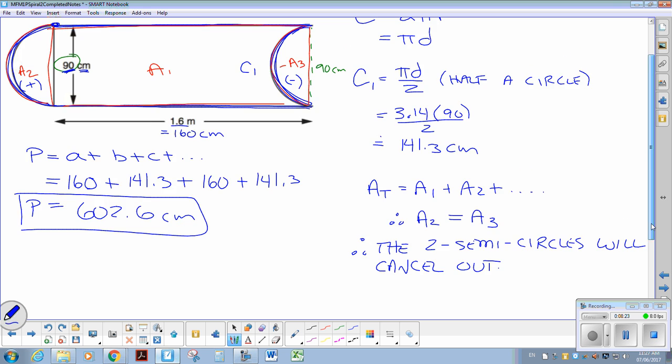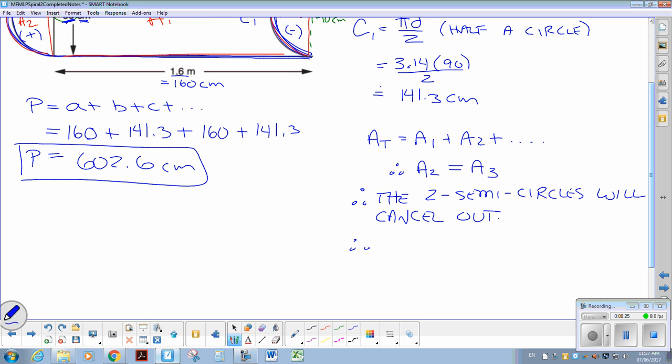So that means that the area of this shape, the total area, is simply area 1. Area 1 is length times width, 160 times 90. So if I calculate that, 160 times 90, we get 14,400 centimeters squared.